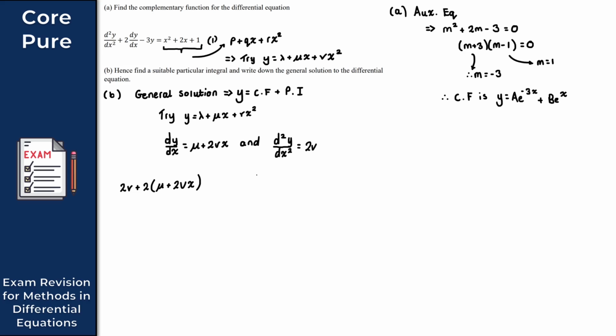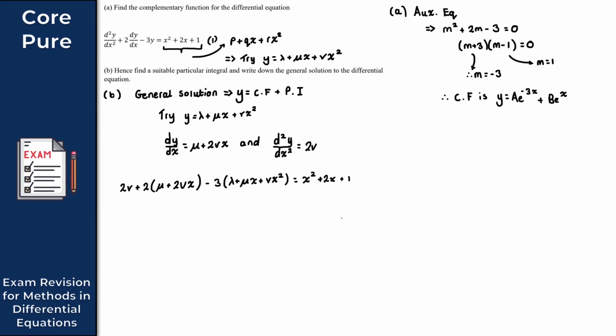I've got minus 3y, so y is this here, so minus 3 lots of lambda plus mu x plus nu x squared, like so. And all of this is equal to the right-hand side, so x squared plus 2x plus 1.